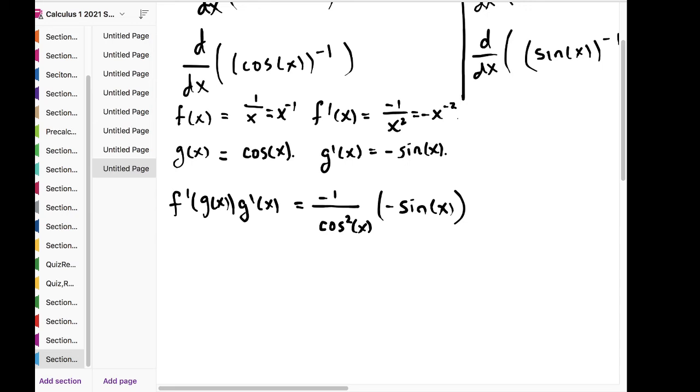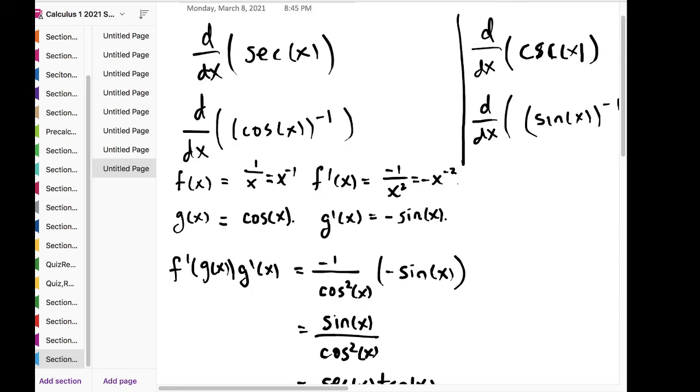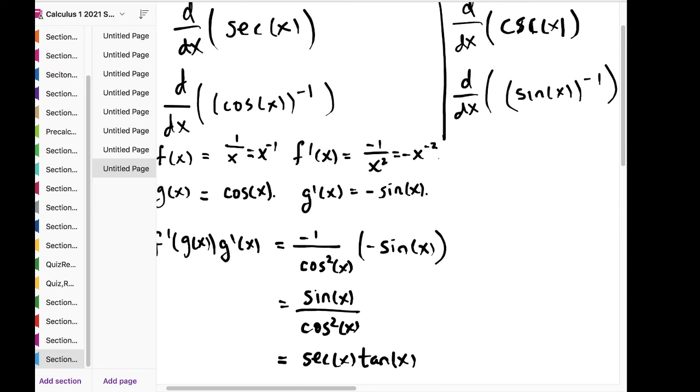Okay, so what is this? This is precisely, good, yeah, secant tangent.